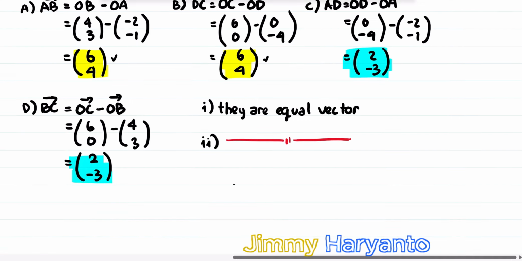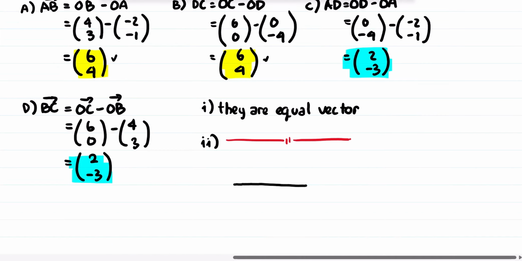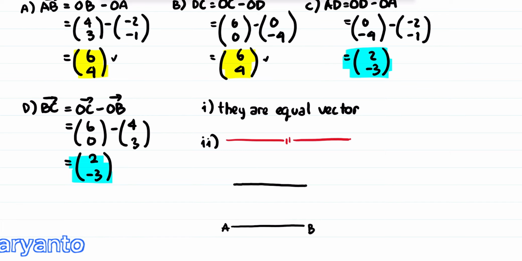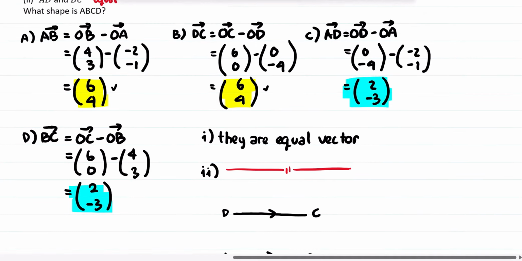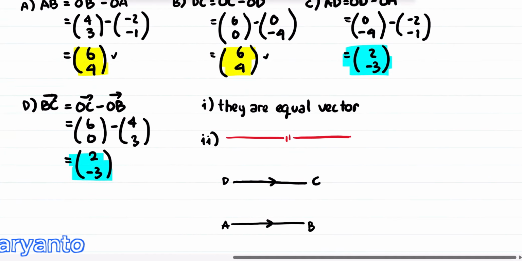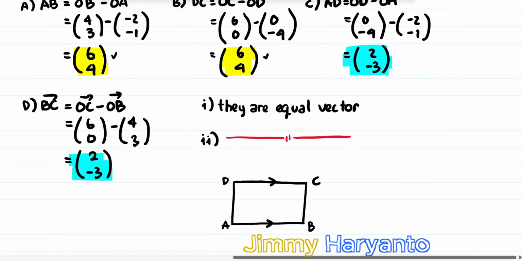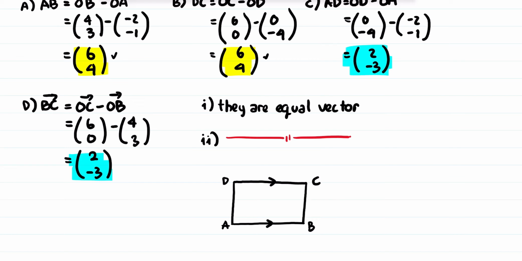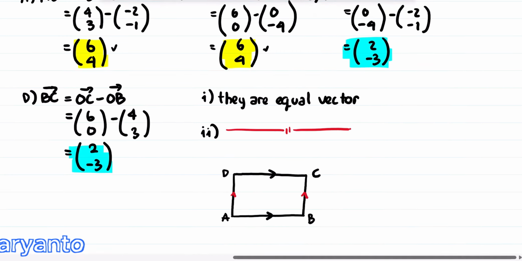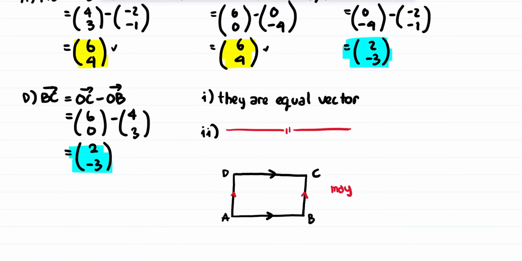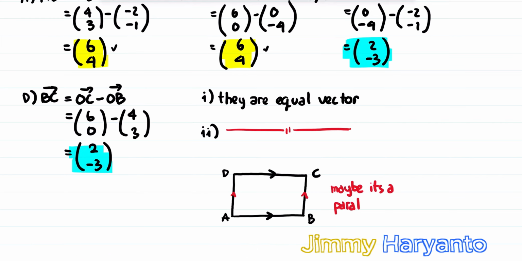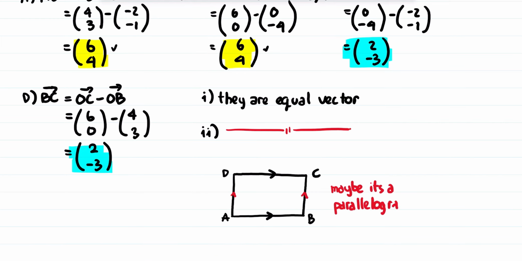Yeah, that means let's draw it a little bit. This one is AB and then DC. AB and DC are equal, and also BC and AD are equal. So I can tell that this one is maybe a parallelogram or rectangle.